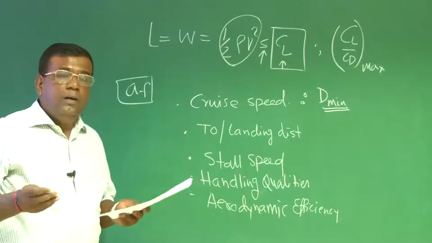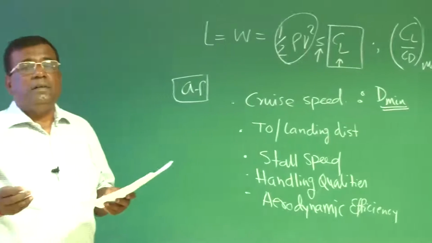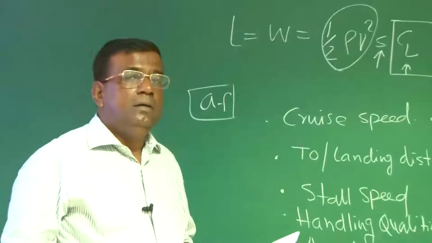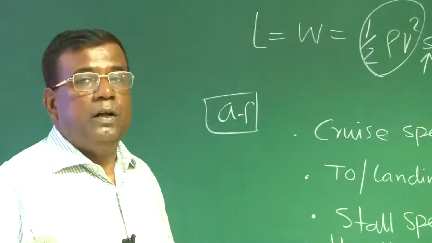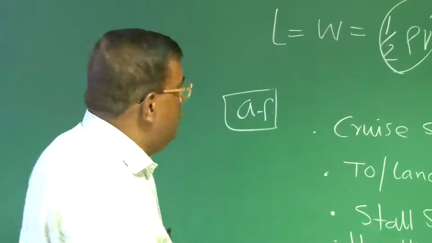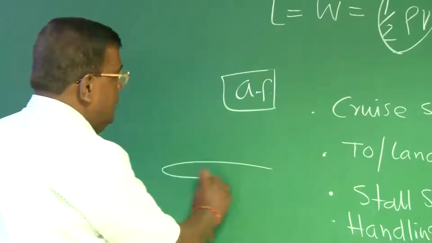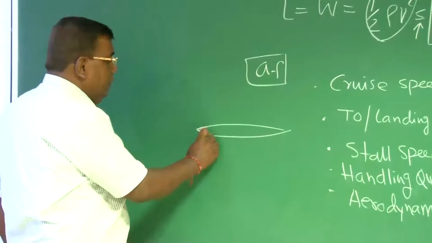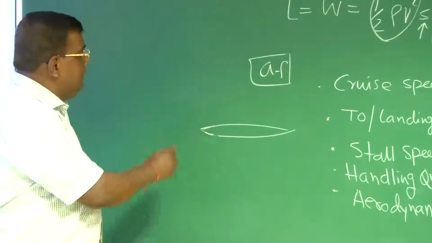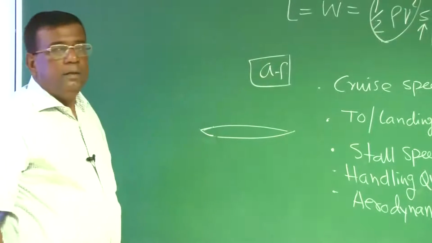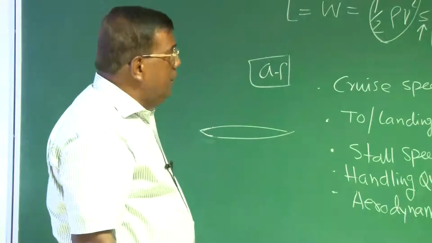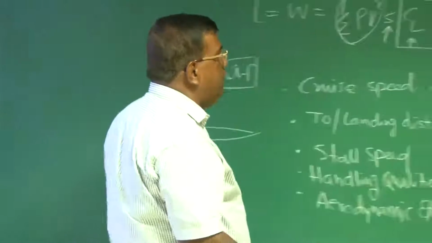That is how the airfoil shape is likely to be different. For example, for a supersonic speed, you want the nose part as pointed as possible, provided you can manage it structurally. Right?